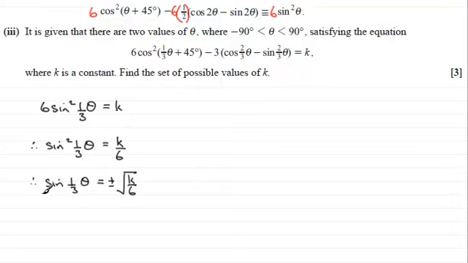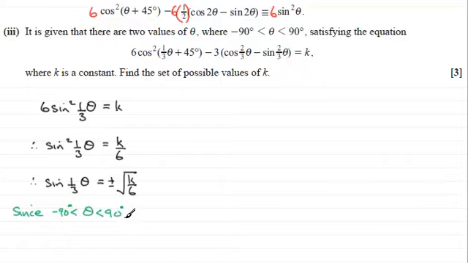Now, we're told that theta must lie between minus 90 degrees and 90 degrees. So what I'll just write here is that since theta lies between minus 90 degrees and 90 degrees, what does that mean?